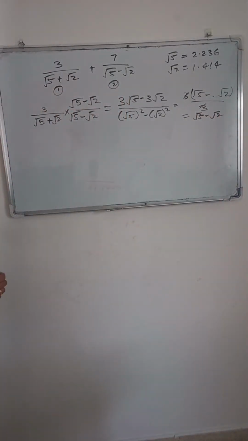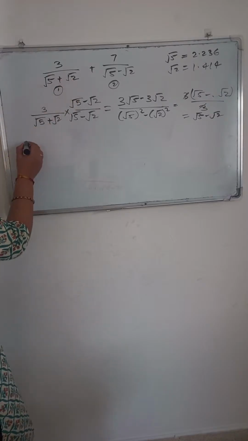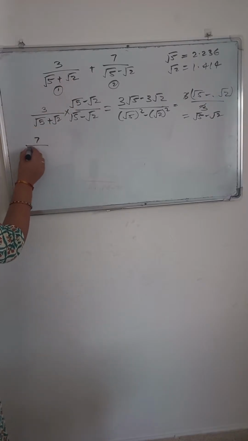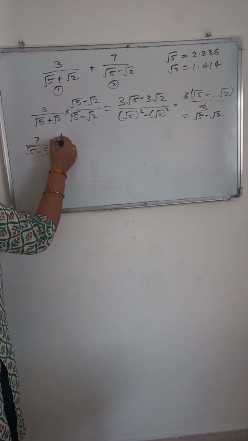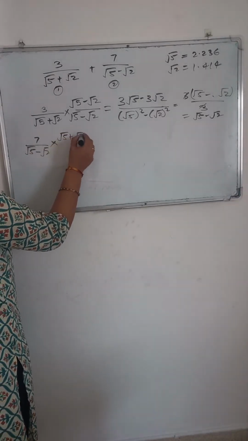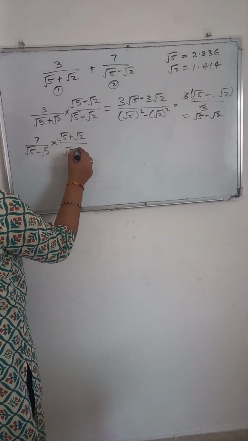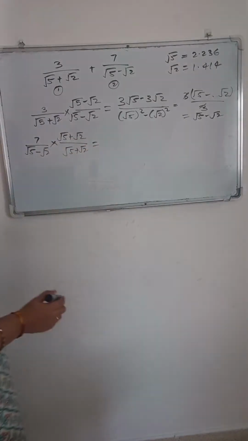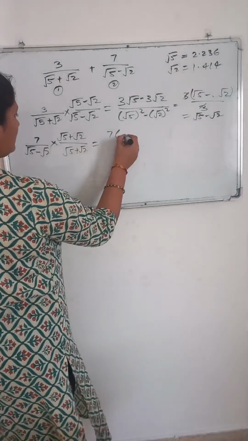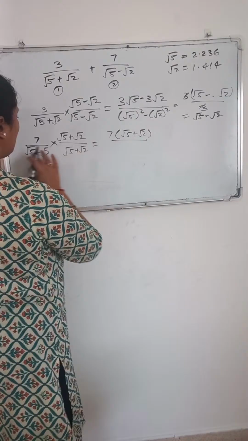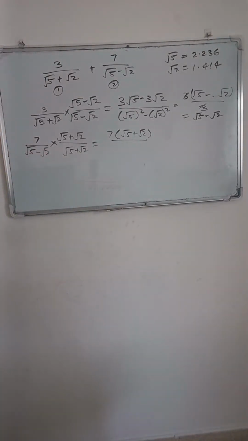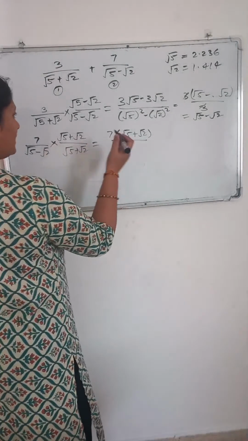Then we take the second part and rationalize it, root 5 minus root 2. So we multiply by root 5 plus root 2 by root 5 plus root 2. Then simplify: 7 into root 5 plus root 2, and in the denominator again a minus b, a plus b gives a square minus b square, that is 5 minus 2, which is 3.